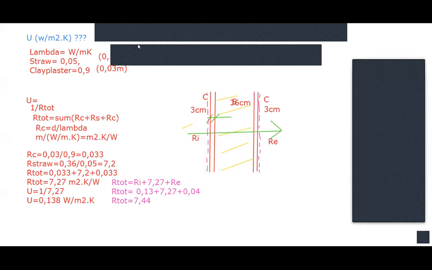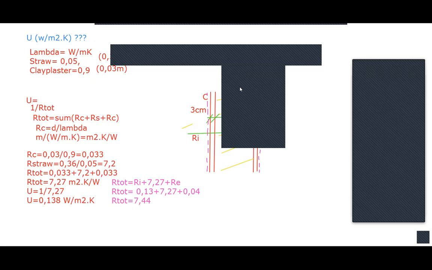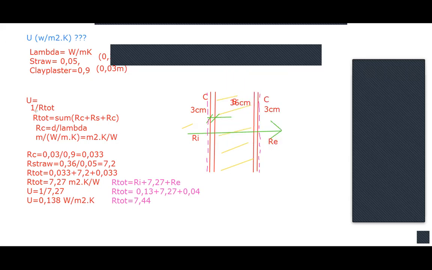Yeah, so what I put into the frame that's important to remember is this equation of U. The U value is 1 over R total, and that R total is the sum of these individual layers.